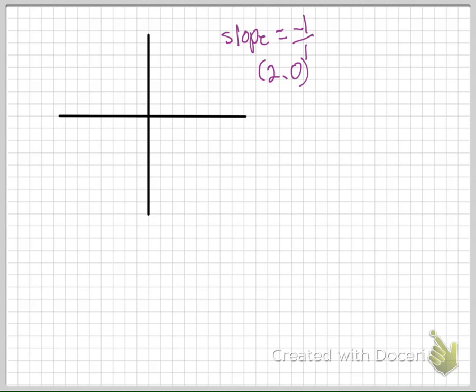Now, for some reason, the ones that have zeros in them throw a lot of people off. Make sure you graph 2, 0, not 0, 2. A lot of people have trouble graphing points if they have a 0 in them. So, who can tell me where the point 2, 0 would be?